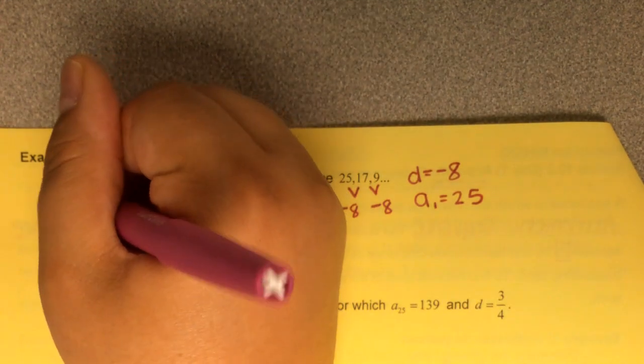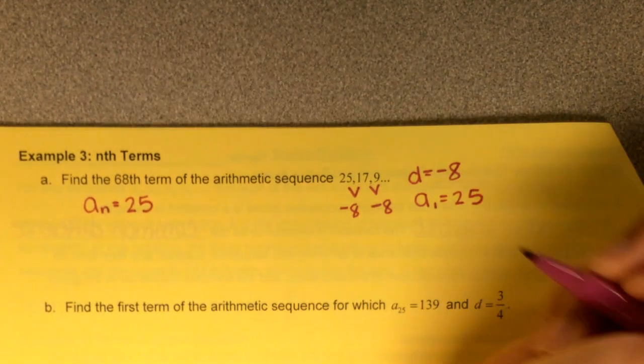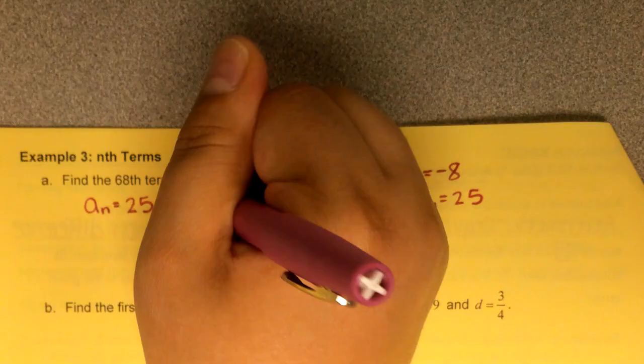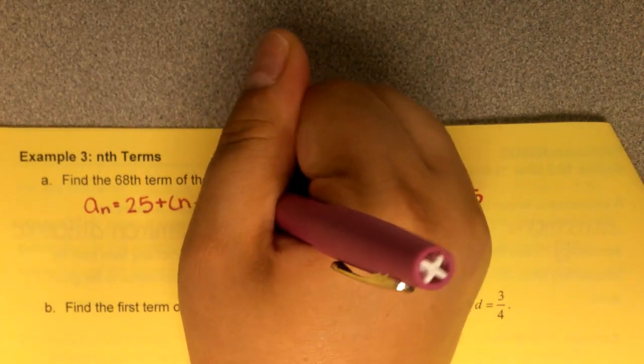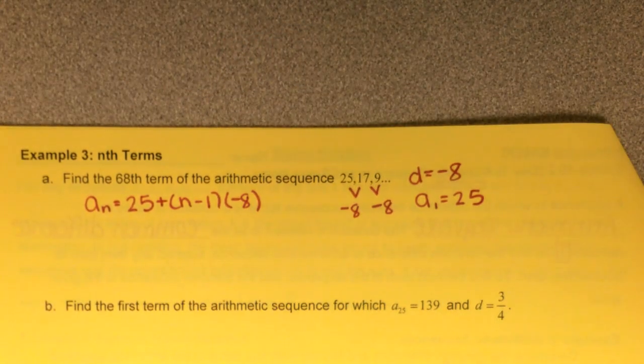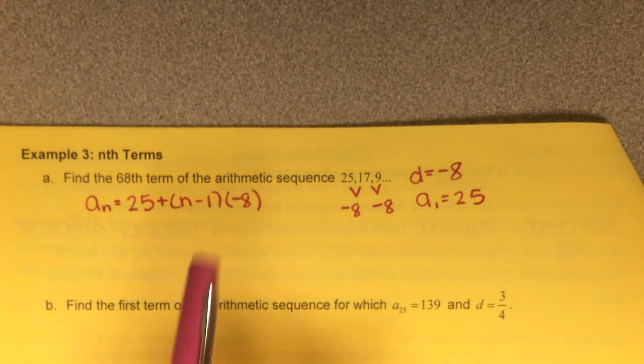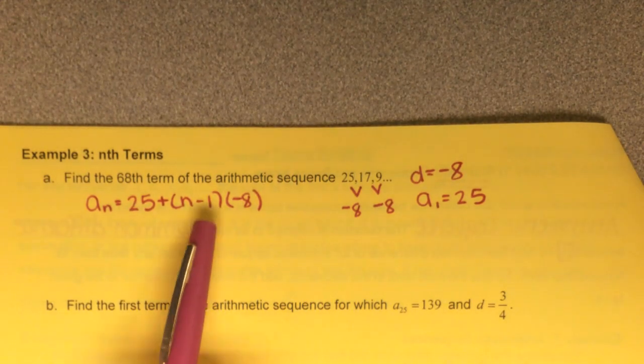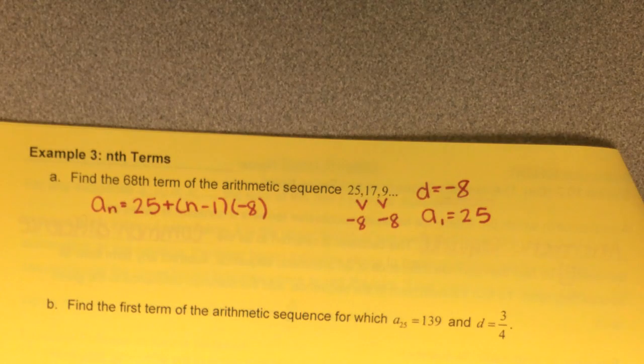Yeah. So A of n equals A of 1 plus n minus 1 times D. By the way, if your D value is a negative number, you need to have parentheses around it. Otherwise, I'll take off points because it looks like you're just subtracting 8.